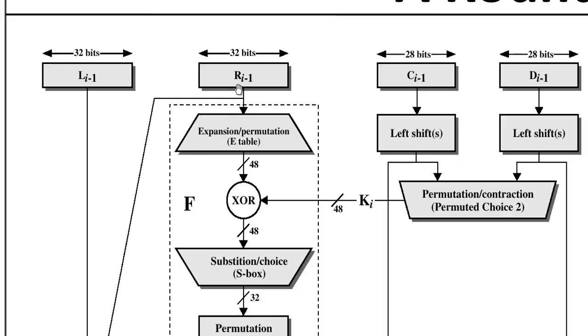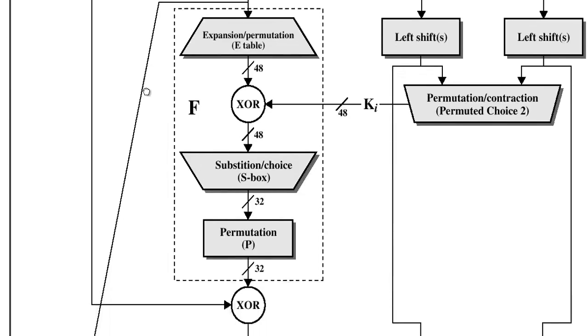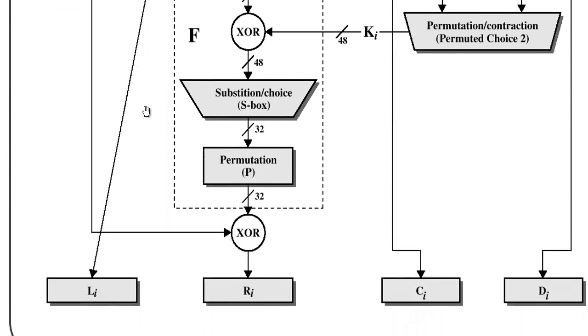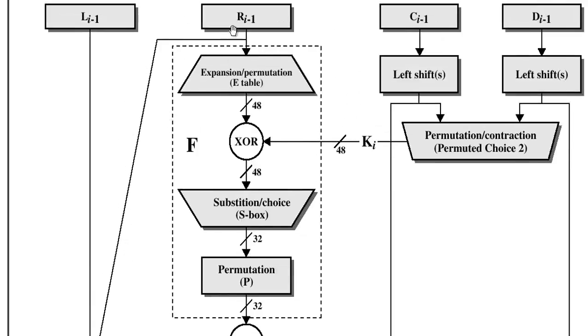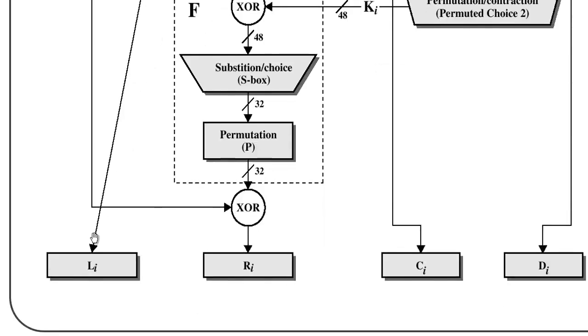If I take the right half, it does not go through any operation, just swapping of bits. That is another weakness of this algorithm: in every round, the right half does not undergo any encryption process, it is simply swapped to the left half.